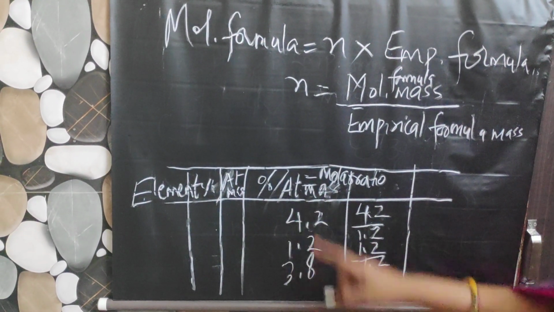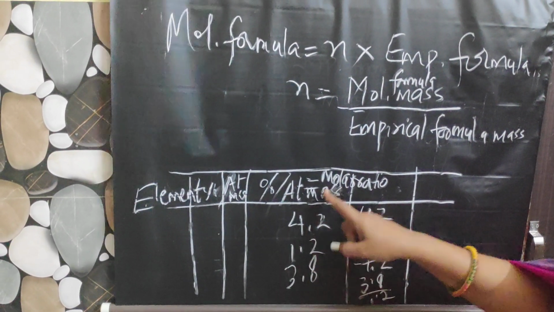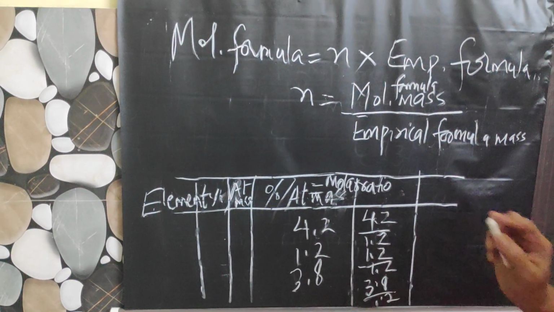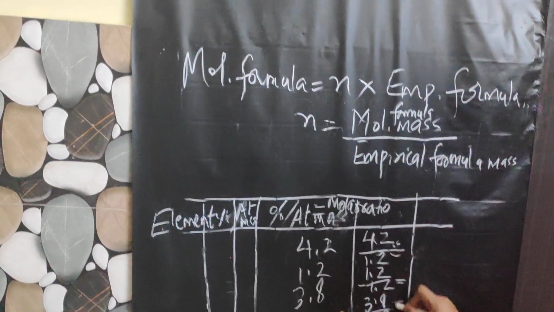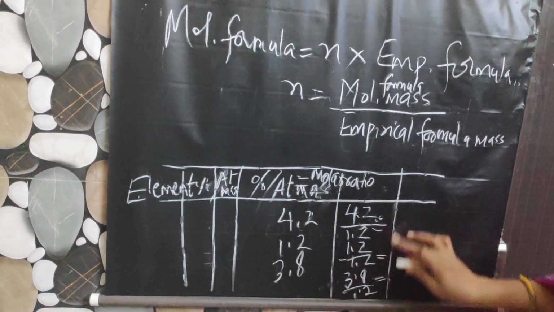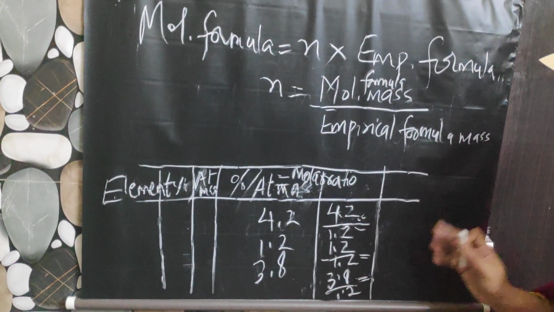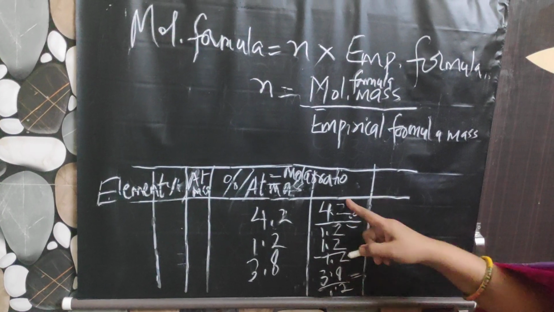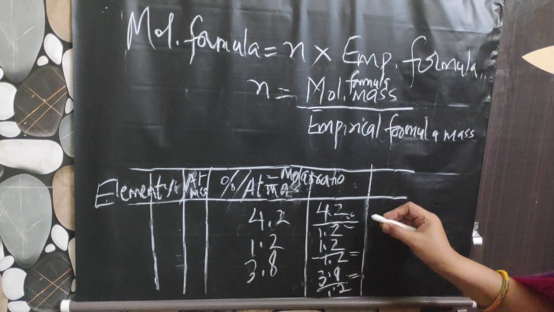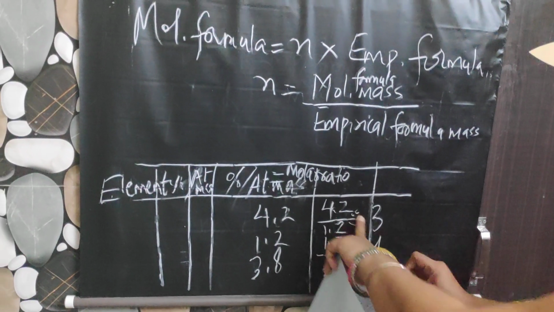You will divide all the 3 by the least one, and whatever number you get, if it is not in whole numbers, then you will multiply to get whole numbers. Suppose you get 3 here, 4 here, and 1.